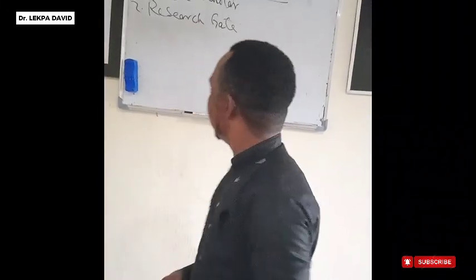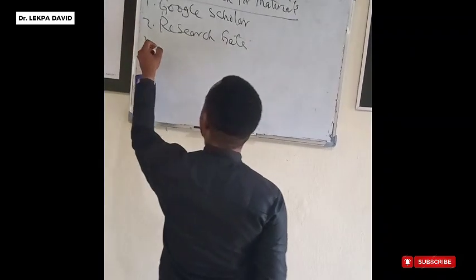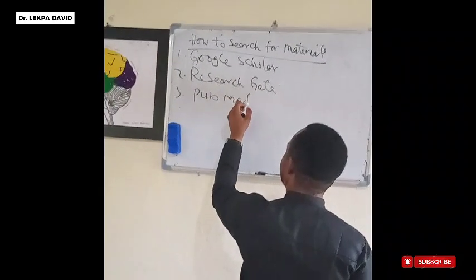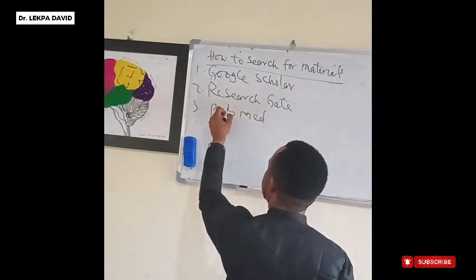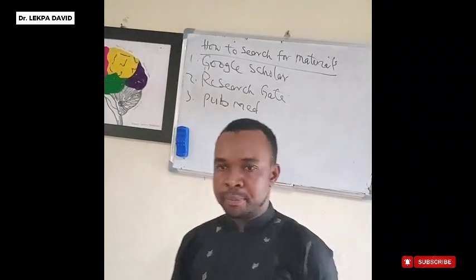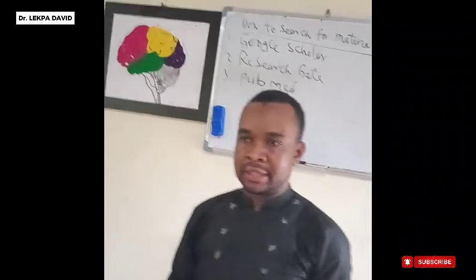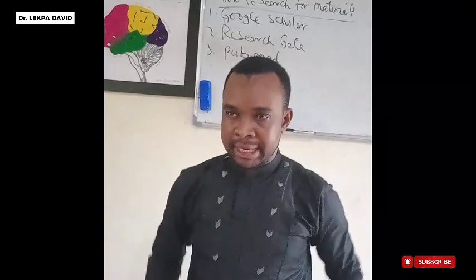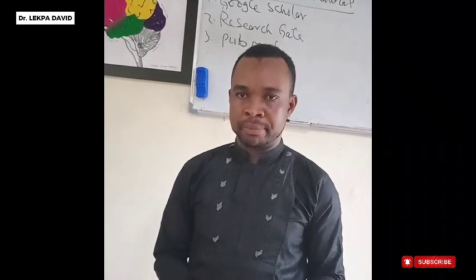Or the third one, you can go on PubMed, and then it will open, and you type your topics that you are looking for. You see a lot of similar articles will come up.